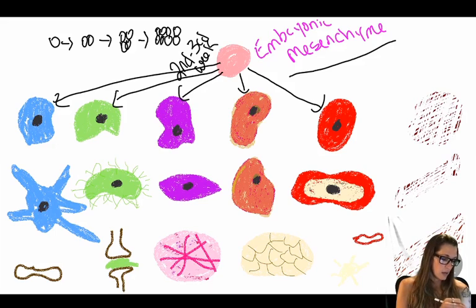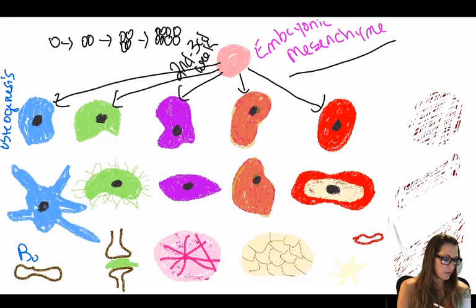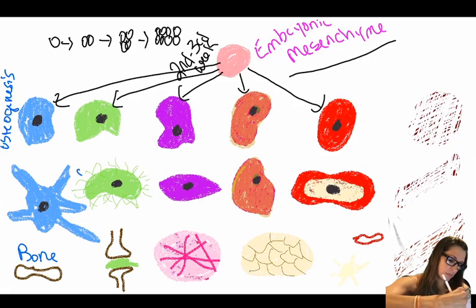And here, in blue, I keep pointing to it as if you can see what I'm pointing to. This is a process called osteogenesis. These are osteocytes, and this is going to form bone. This is chondrogenesis.